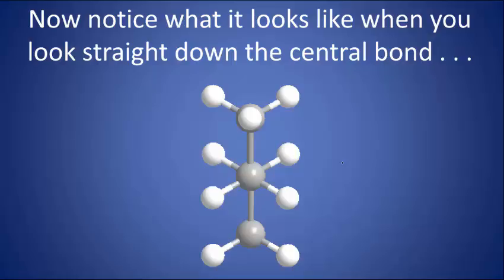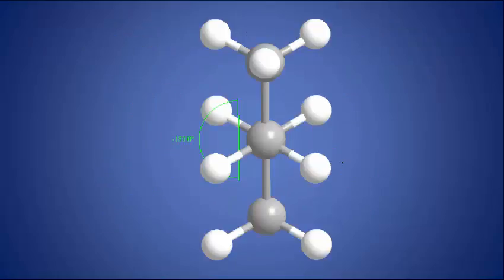So if you look down the central carbon-carbon bond in your model, hold it so that your eye is going straight down the bond, and look at how the other atoms bonded to those 2 carbons line up. And if you rotate around that bond, you'll see that the relationships to the other atoms changes. Okay?